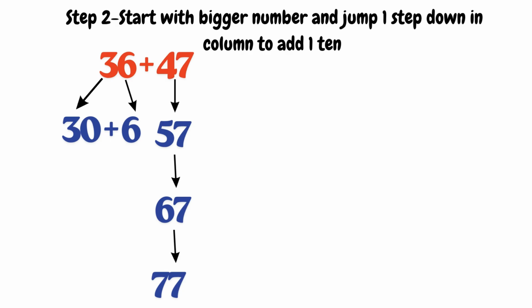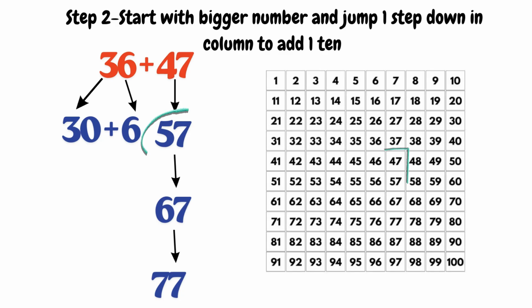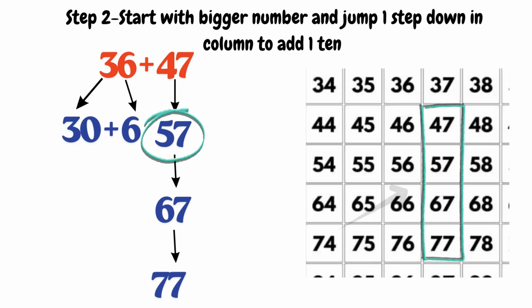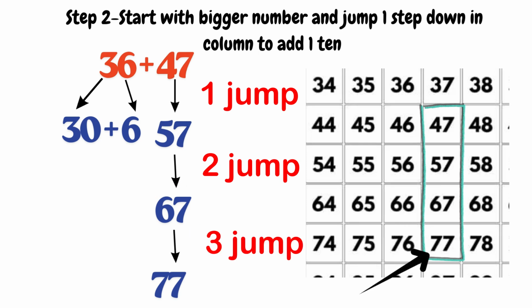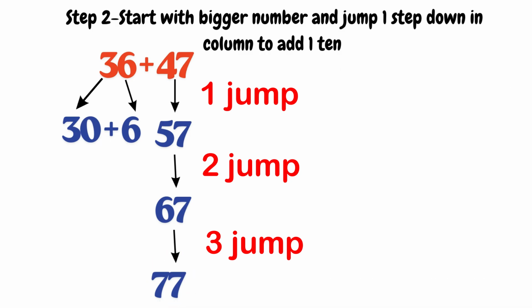So we have to add these 3 tens, we need to jump 3 steps down. So 47 becomes 57 in the first step. Second jump it becomes 67 and in the third jump it becomes 77. So when we have added 3 tens to 47, it becomes 77.